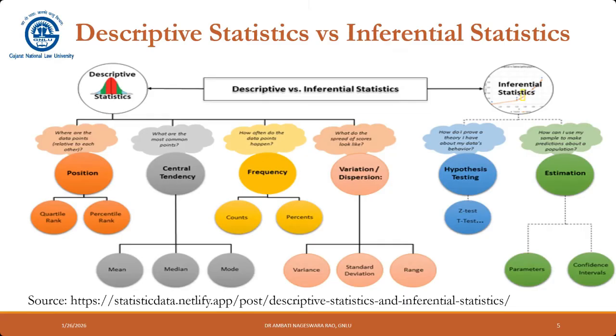We have measures of central tendency, like mean, median, and mode, and measures of dispersion, like variance, standard deviation, and range. If you are collecting a small sample and your purpose is to describe, then you go for descriptive statistics.